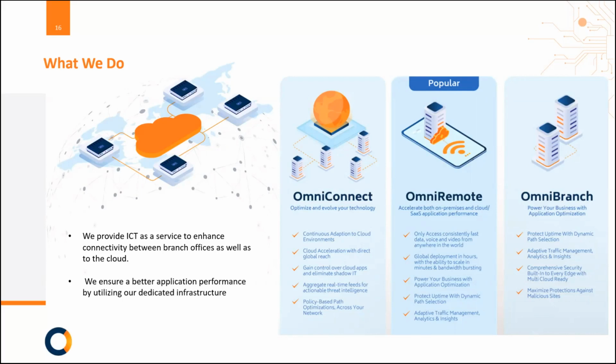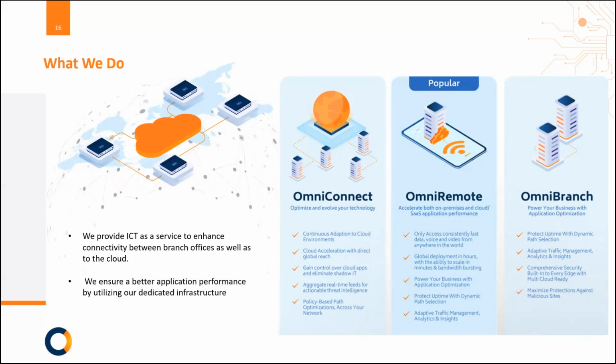So it's much faster time to market. And the head end in terms of management, we have flexible deployment options, so it can be in the cloud, in country, or on-premise. And Omni Remote is the remote worker or the remote user version of it.